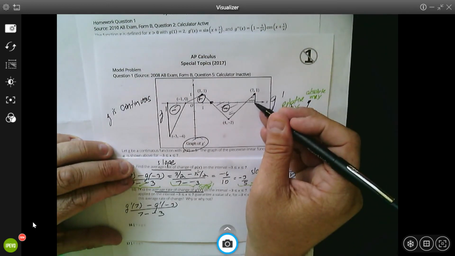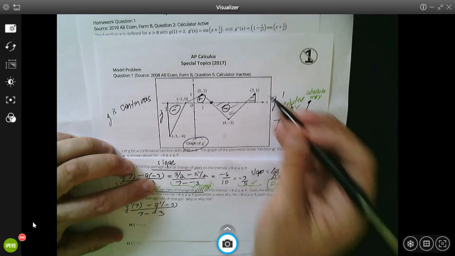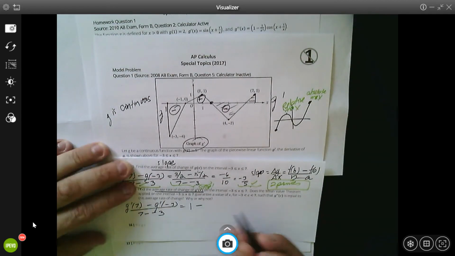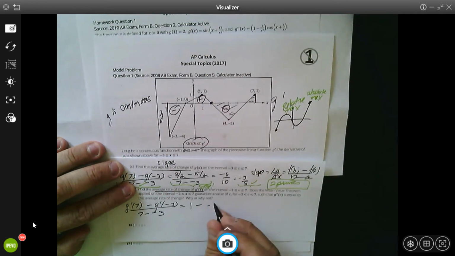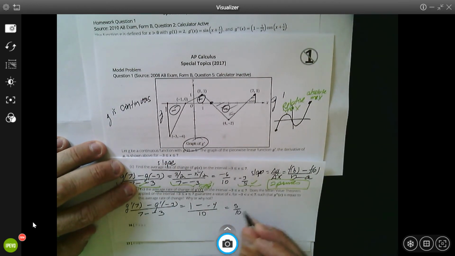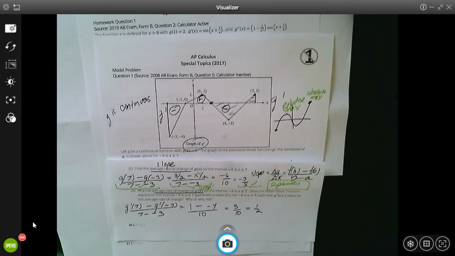Because I have the graph of g prime, I can find g prime of 7 to be 1. G prime of negative 3 is negative 4. Divided by 7 minus negative 3, which is 10. You get 5 over 10, which is a half. That's one way you can go about doing that.